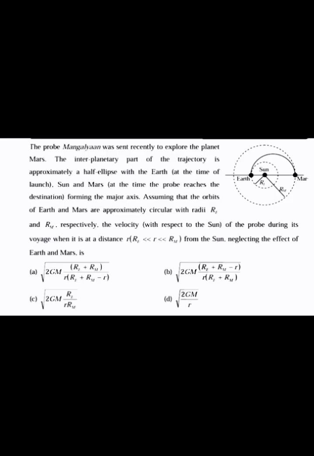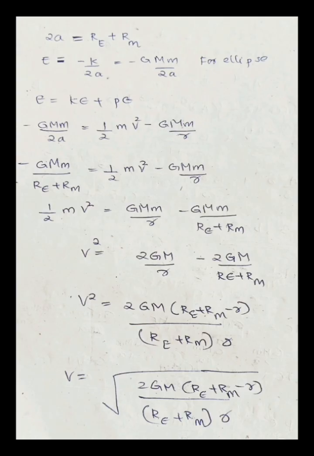So from the figure we can write 2a is equal to RE plus RM, and we know that E is equal to minus k by 2a, that is equal to minus GMm by 2a for the ellipse. And we know that energy E is equal to kinetic energy plus potential energy. So minus GMm by 2a is equal to half mv square minus GMm by r, that is minus GMm by (RE plus RM) is equal to half mv square minus GMm by r.